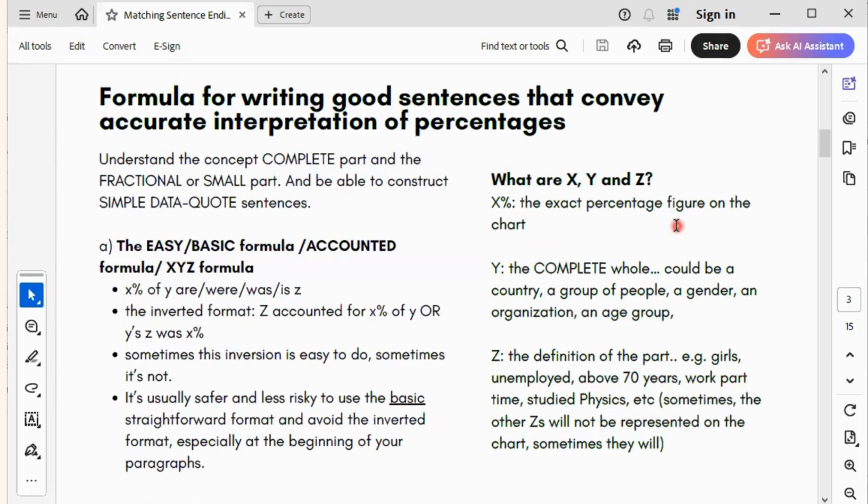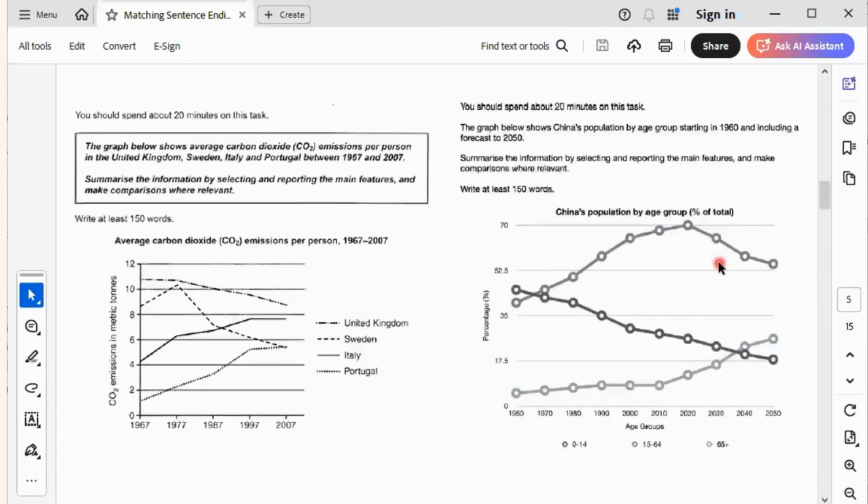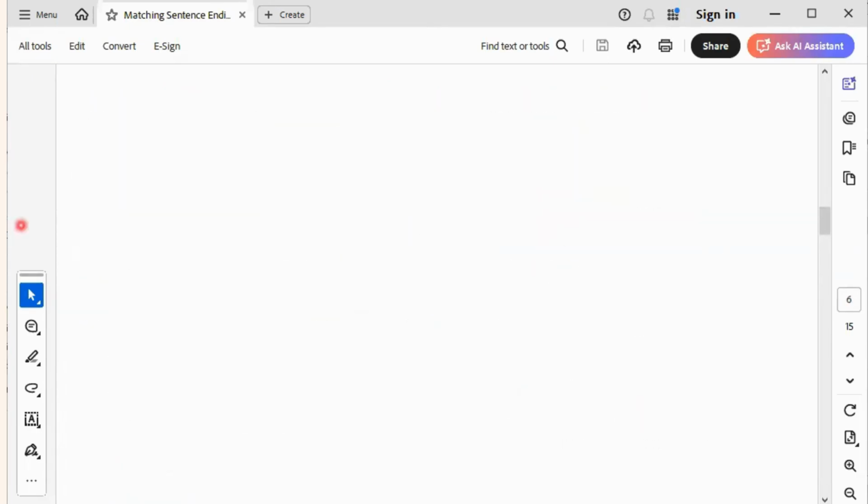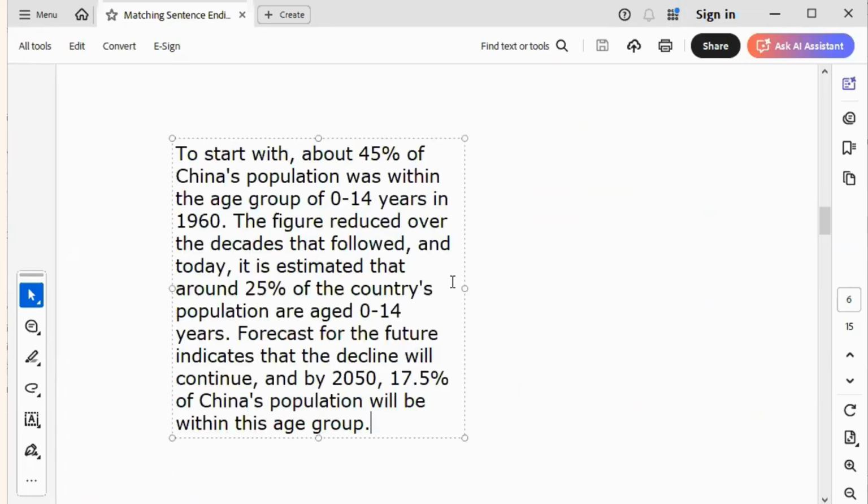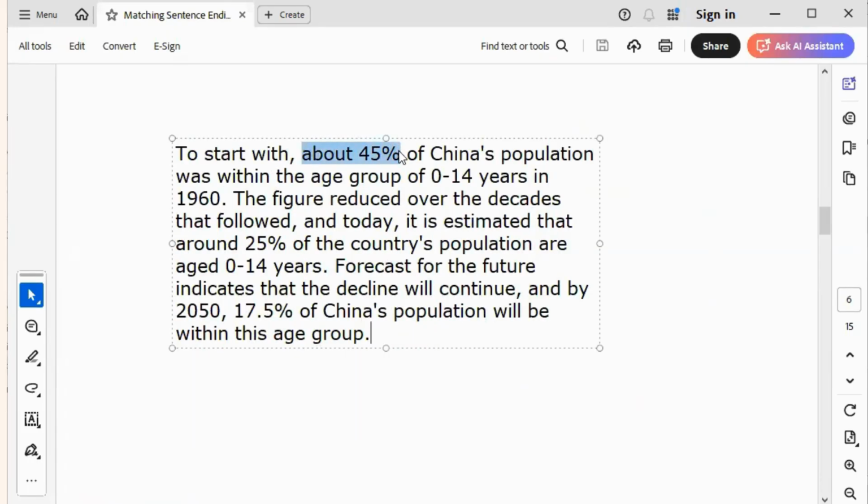So if you are using this formula, that figure that you are quoting must be at the beginning. That's how that thing is written: X percent of Y, X is always at the beginning. Let me post it for you again so that you see it. It showed up at the beginning. Look at it here now. About 45%.